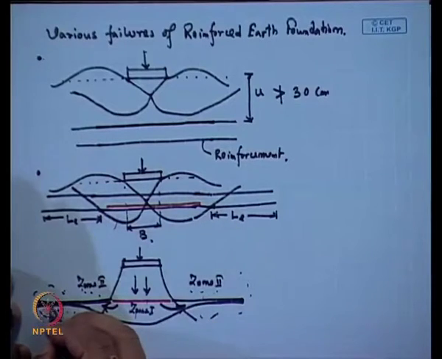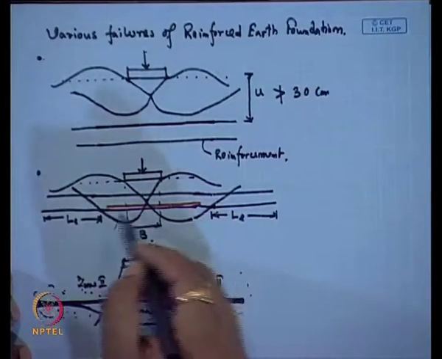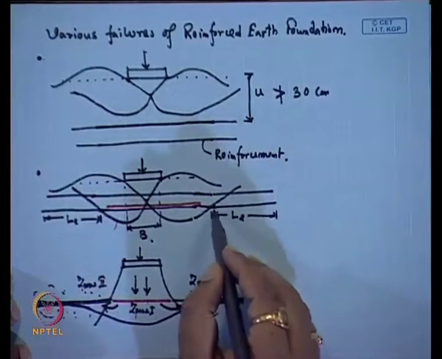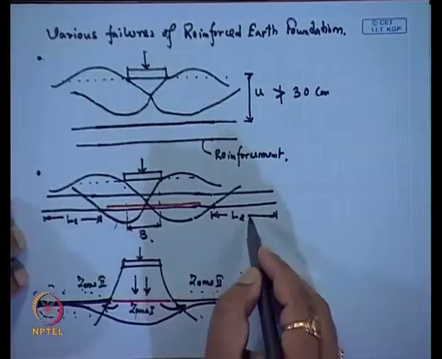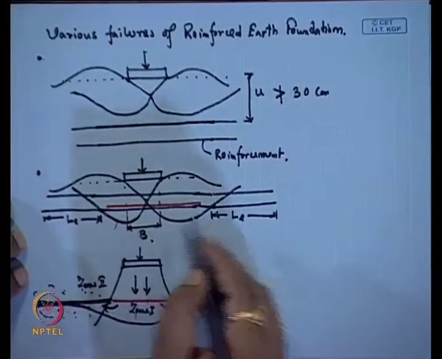It will be in this position more or less in the outer side, and then it will deflect in this form. Now, if we provide reinforcement beyond this failure surface, then it will give this anchorage, so that the reinforcement will not move within the soil.